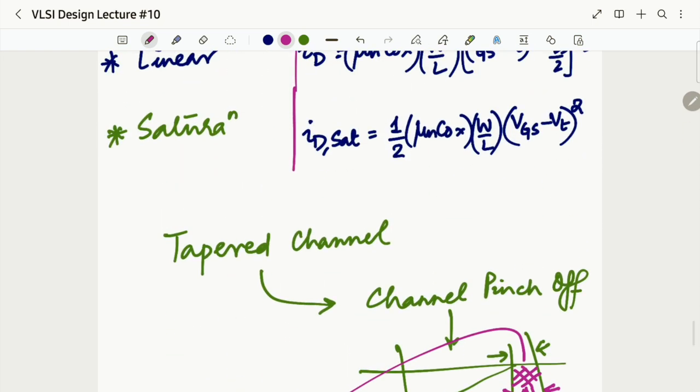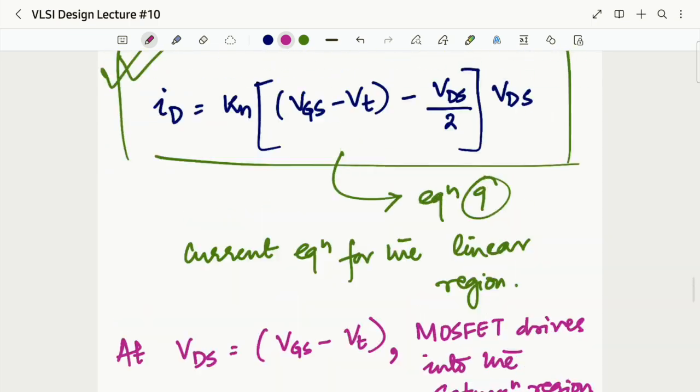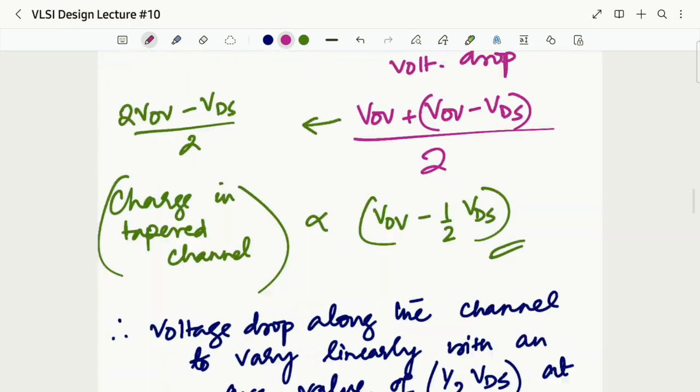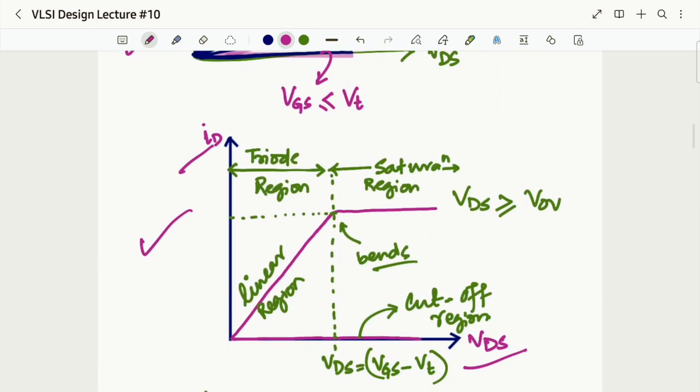But we are seeing that we have the MOSFET in saturation region and we are getting the maximum current at the saturation region. How is it maximum? Look at the graph. Till this point it was this value. But when it is in saturation, it is giving me the max.